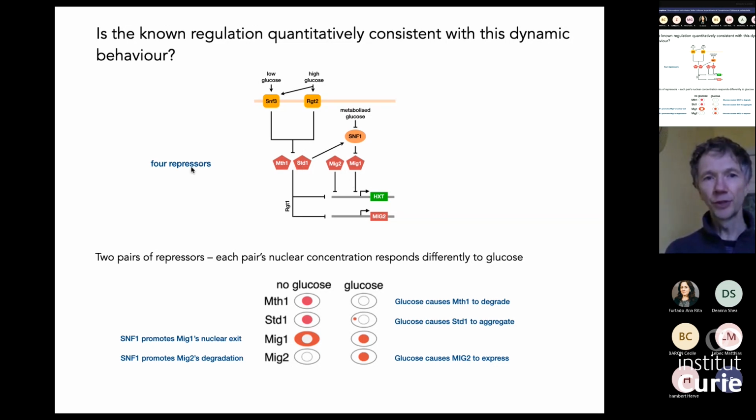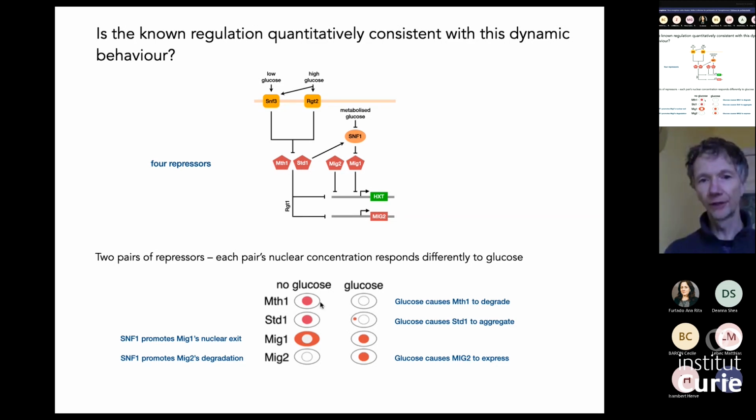What's key here, as I mentioned before, is that there are 4 repressors controlling the levels of our output, HXTs. You can think of it like this: in no glucose, or very low glucose, these 2 sensors aren't active, which means there's no downgrading of the activity of these 2 repressors.